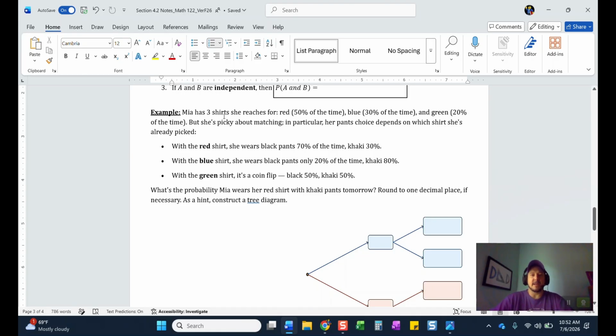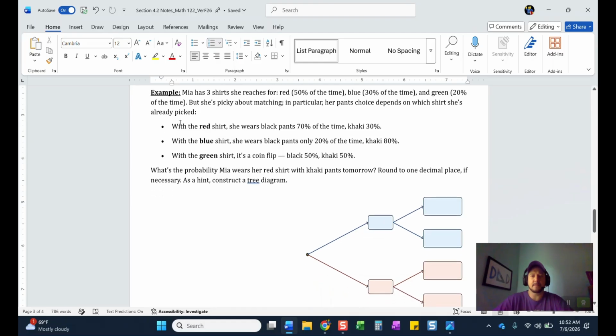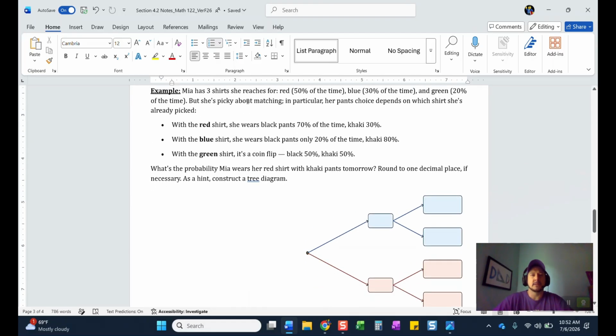It says, okay, Mia has 3 shirts she reaches for. Red 50% of the time, blue 30% of the time, and green 20% of the time. But she's picky about matching. In particular, her pants choice depends on which shirt she's already picked. With the red shirt, she wears black pants 70% of the time and khakis 30% of the time.